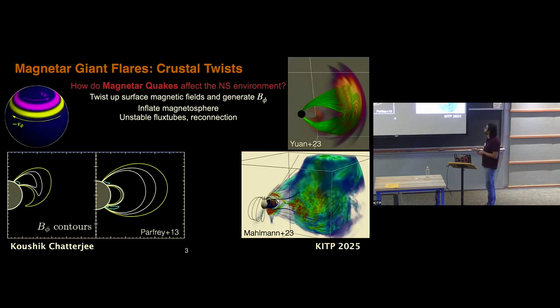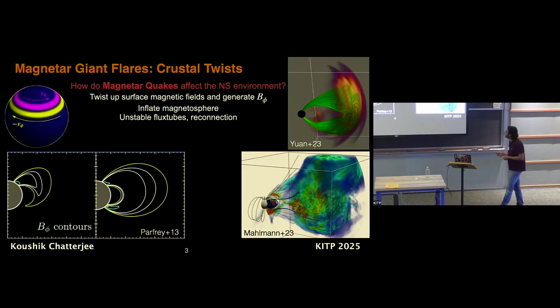That's the neutron star, for example, over there. These are the twisted field lines. And then you see one big inflated field line over here, which generates a lot of Poynting flux upon release, upon reconnection maybe.